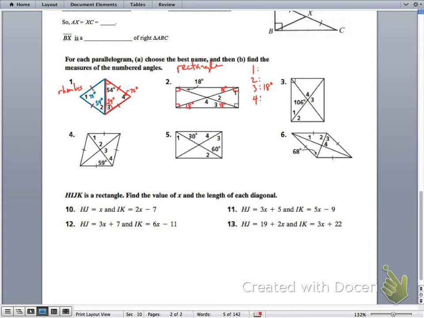Now, because it's a rectangle, that 18-degree angle in the top right-hand corner and angle 1 are complementary. So angle 1 is going to equal 72 degrees. And so there's going to be a bunch of different angles there that are also equal to 72 degrees.